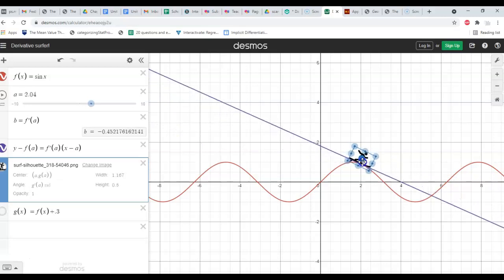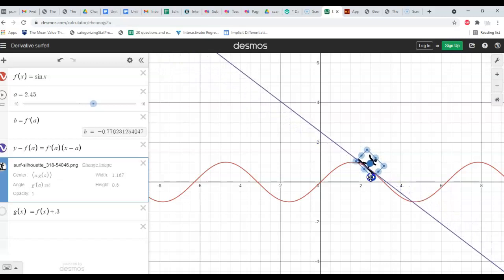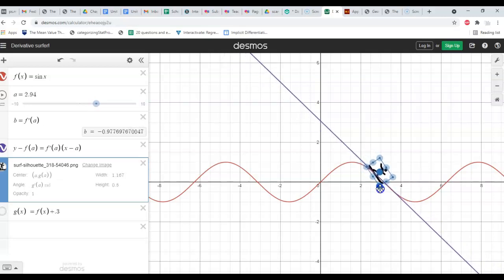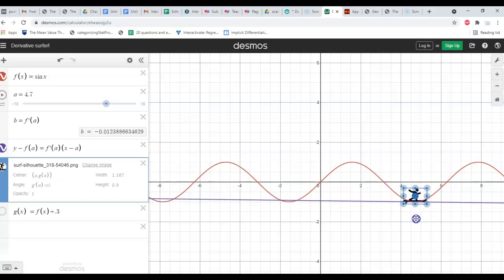Negative and getting negativer, which is actually smaller, right? The numbers are not getting bigger; the absolute value of the number is getting bigger. So more negative, more negative, more negative. And now less negative, 0.